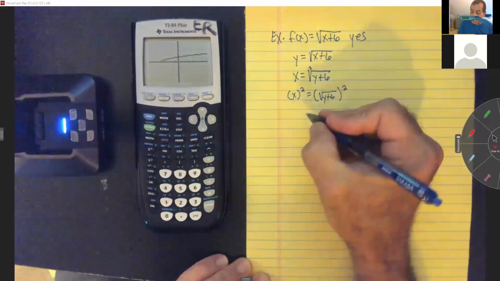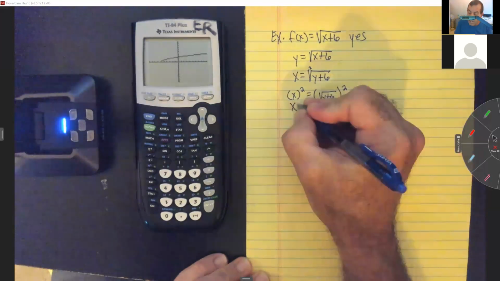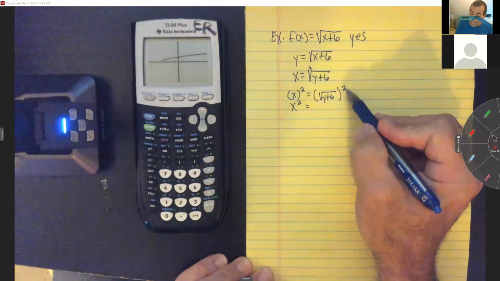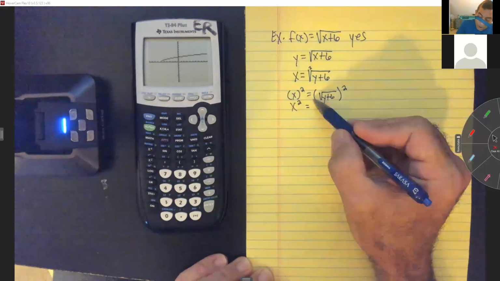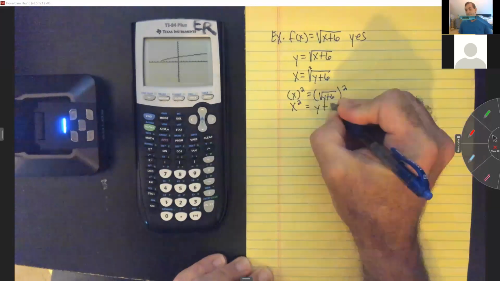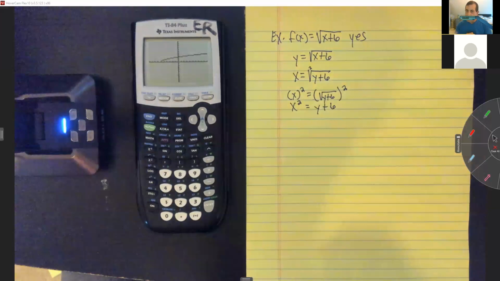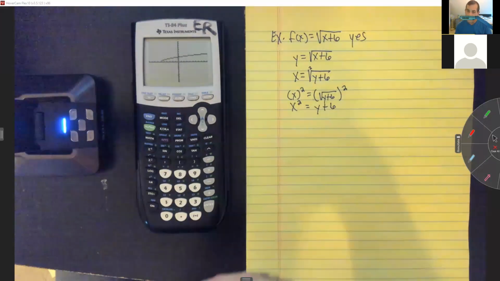So what's happening, this is x times x, which will give me x squared. Over here, this exponent cancels that radical, and all that's left is the y plus 6. So remember, exponents cancel radicals, radicals cancel exponents.